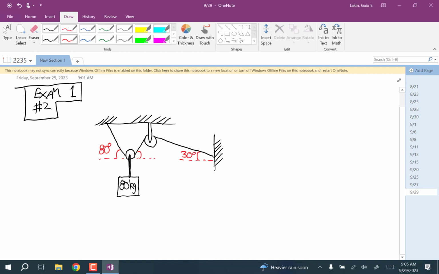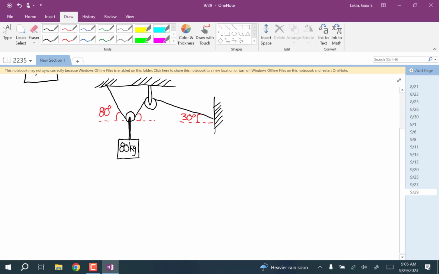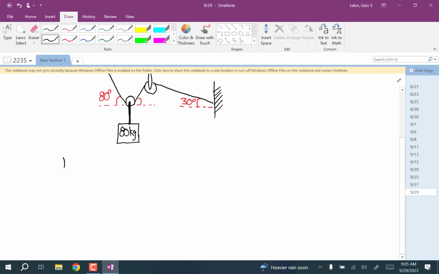Okay, so the way to do this is isolate all of the stuff that's hanging from the cable. So a free body diagram would look, you can imagine, something like this. Let me be more explicit about what I'm including here.